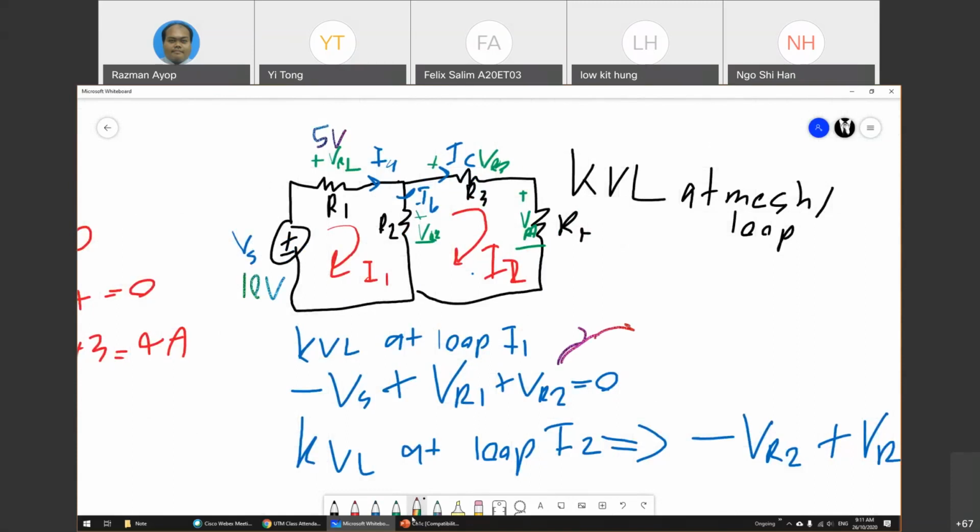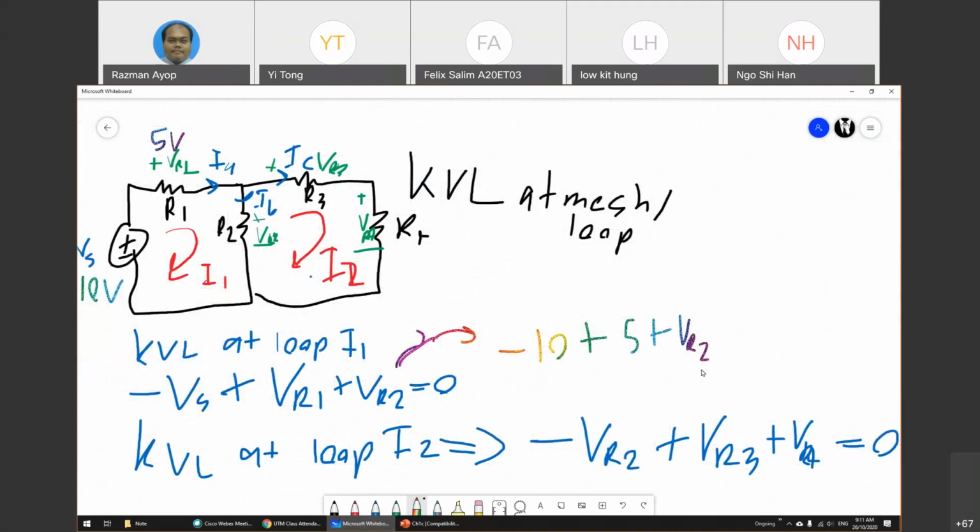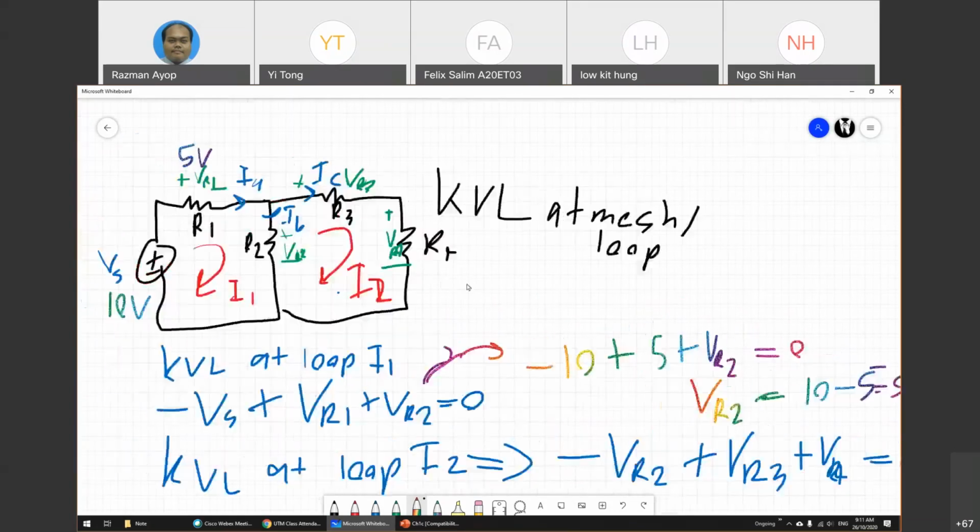If you use this law, negative 10 volt, plus 5, plus VR2 equals to 0. So automatically, if you use Kirchhoff voltage law, VR2 equals to 10 minus 5 equals to 5 volt. That is how you use the Kirchhoff voltage law.